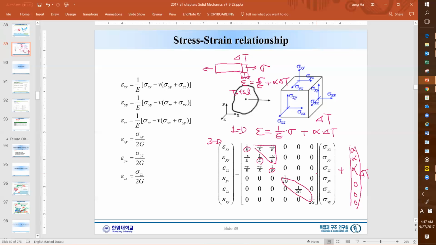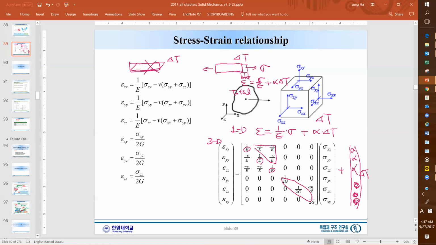This concept is expanded to 3D and is very similar, except that there is no angle change due to temperature. In other words, say we have a 1D body and delta T, there won't be a shear strain, so there is always zero shear strain.